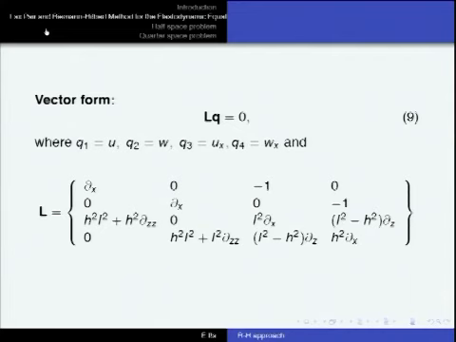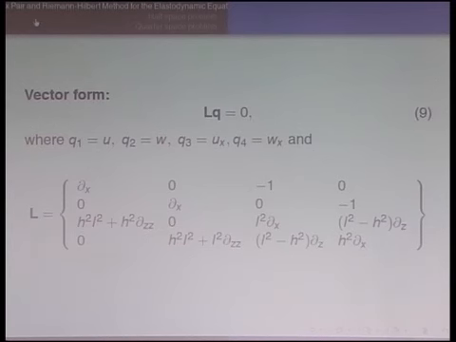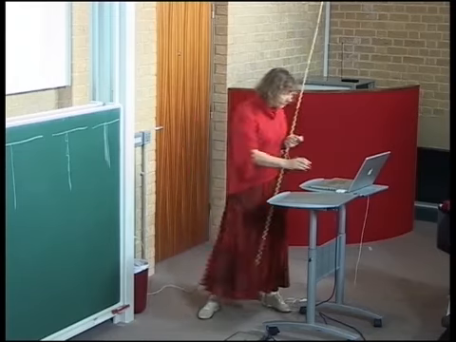So we can rewrite the elastodynamic equation in this vector form, which is convenient for application of Fokas scheme, because in his scheme the PDE should be a first order PDE with respect to one variable. So we decrease the order of the equation, increasing the number of the unknowns.